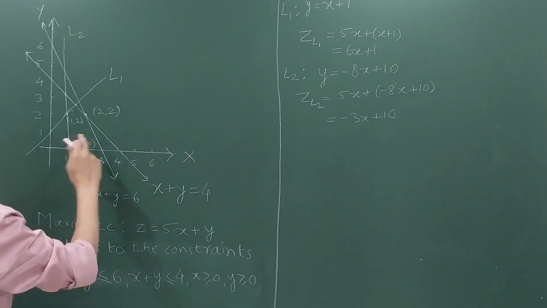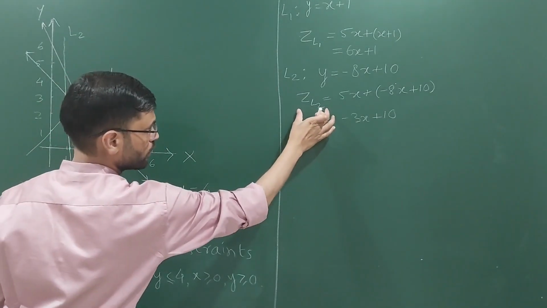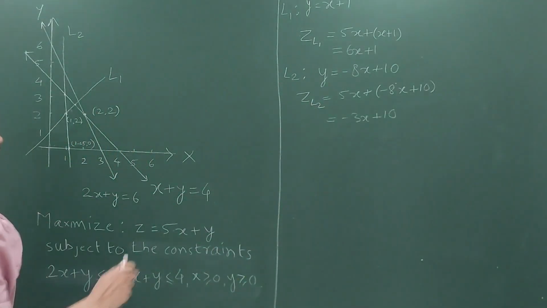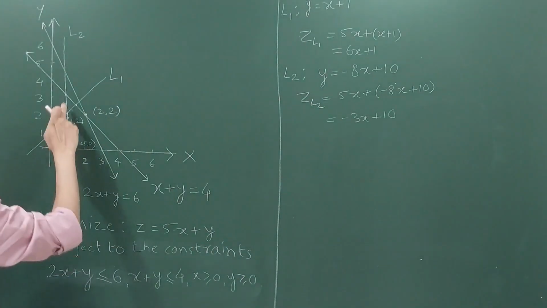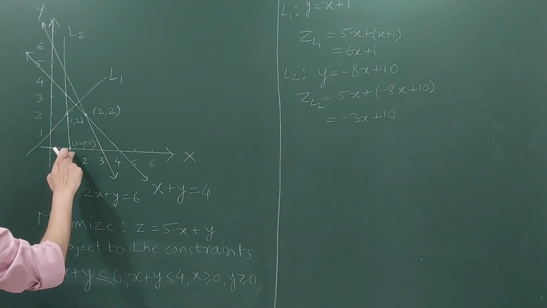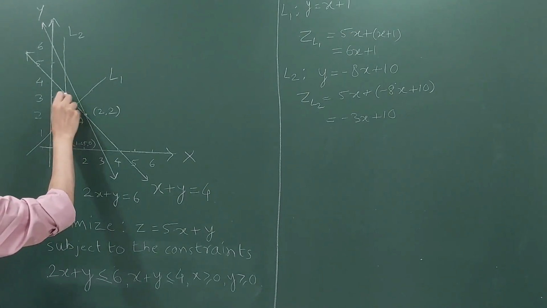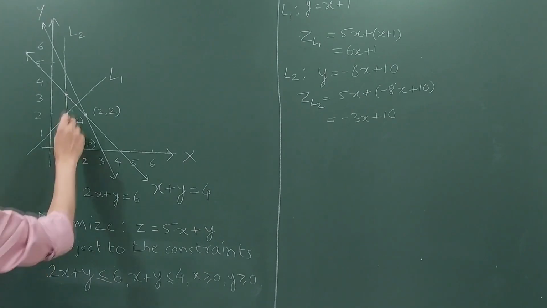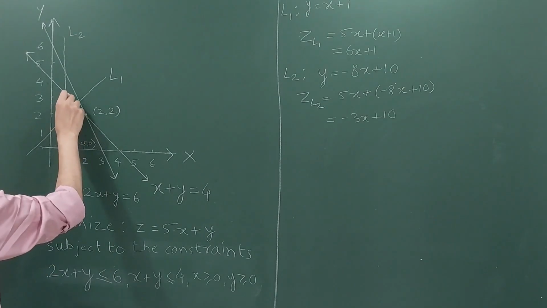And therefore the function value of the objective function decreases as we go downward, because x is increasing in this direction. Therefore the maximum is over here, and as we progress along this line, it attains minimum over here. Fine. So the maximum is over here.